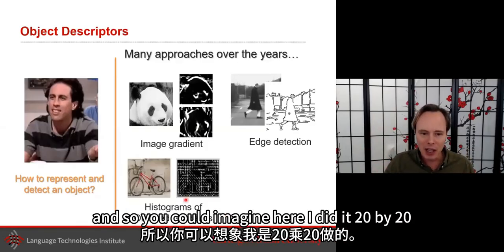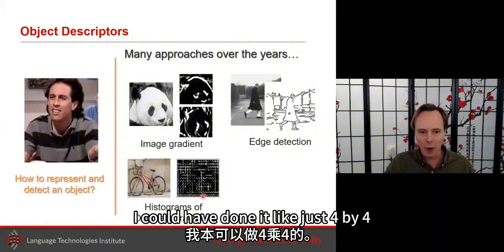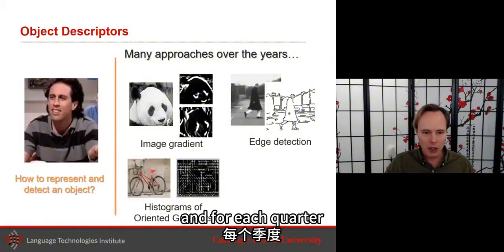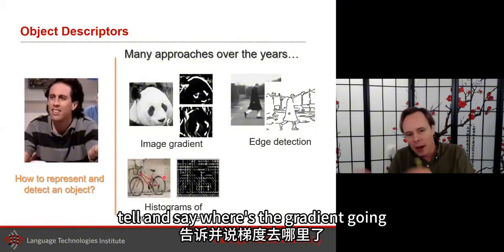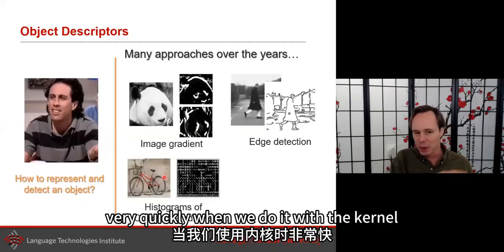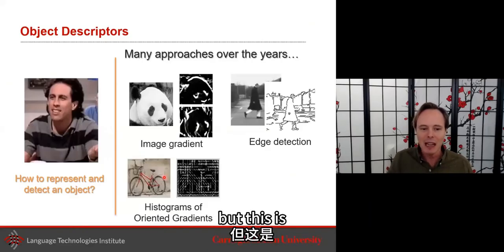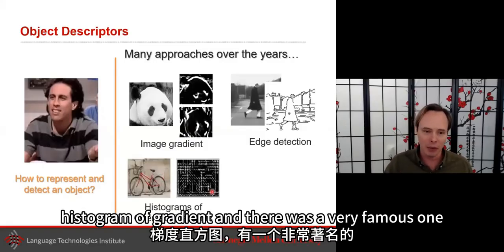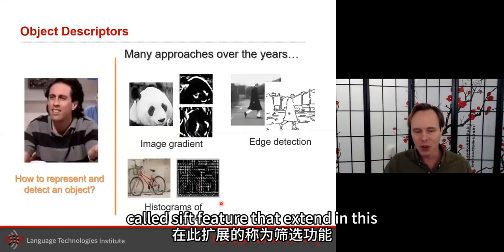Here I did it 20 by 20. I could have done just 4 by 4, and for each quarter say where the gradient is going. This concept is going to come back in the CNN very quickly when we do it with the kernel, but this is histogram of gradients, and there was a very famous one called SIFT feature that extended this.